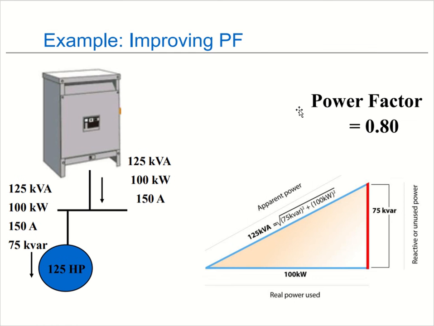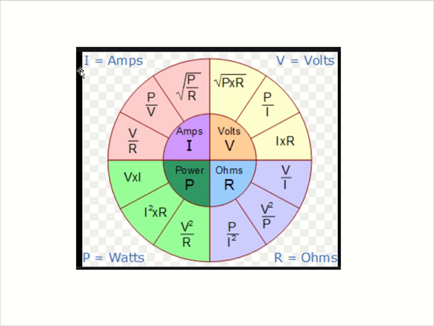So here we have Ohm's law that will help you do some calculations, and it's very useful because power factor correction is used in industrial and commercial places in order to reduce the electric bills and help save some money.